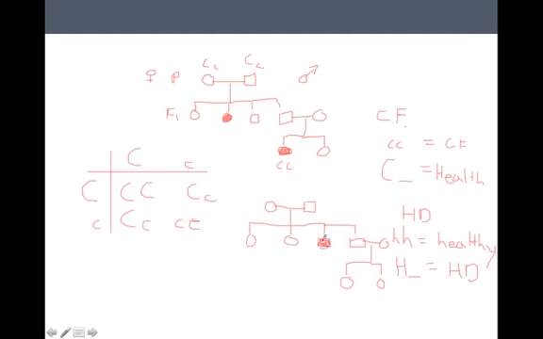So this son here, it should still be a square, has Huntington's disease. If this child has Huntington's disease, we know that one of these two parents has to have it, because one of these two parents gave him that big H allele.